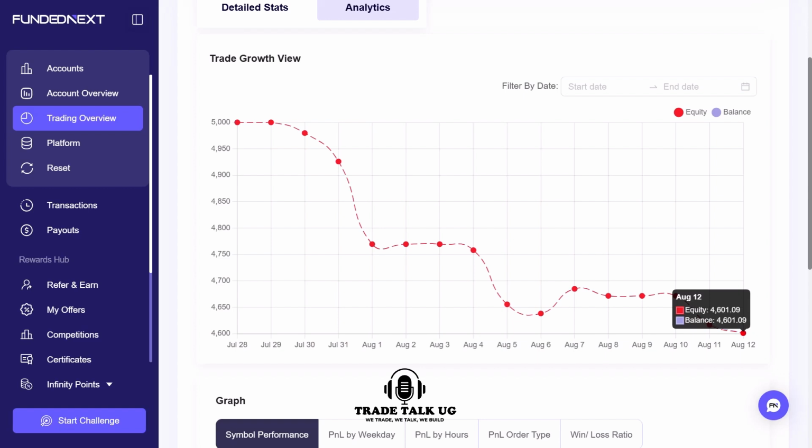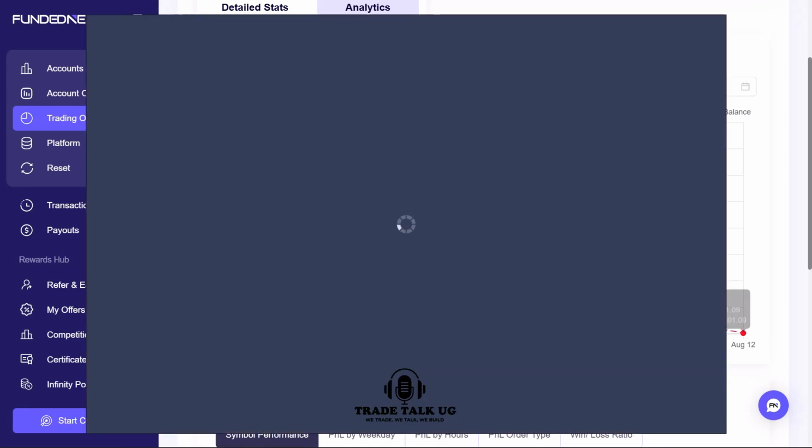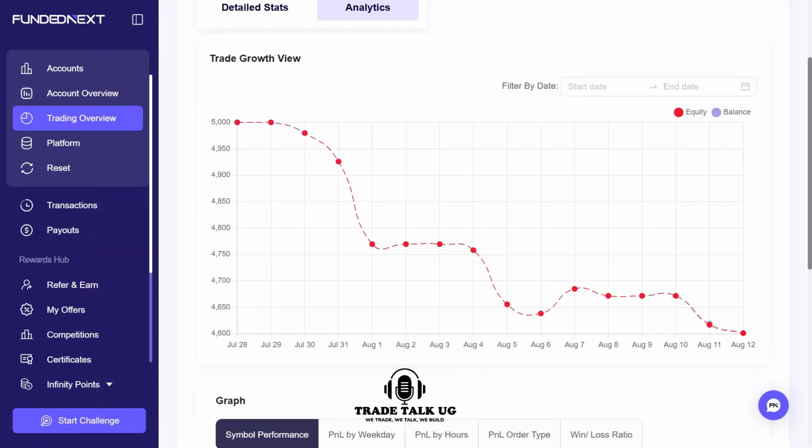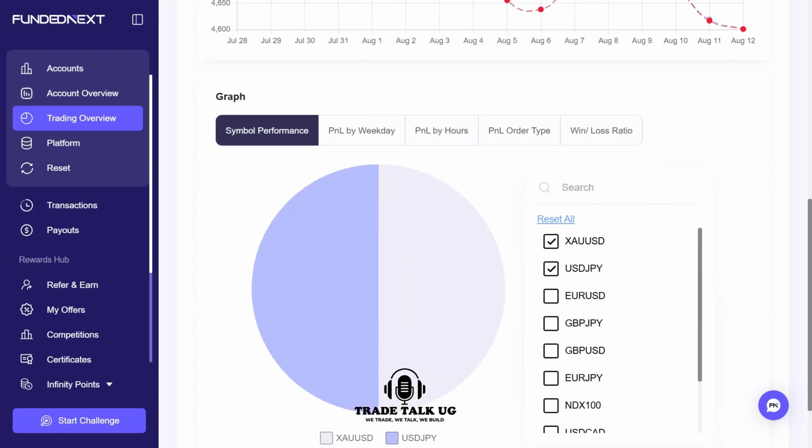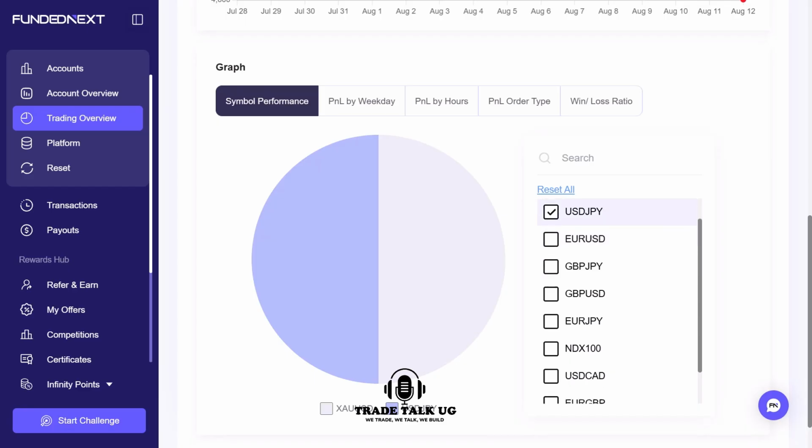So I had traded this account for 10 days. You can see 10 days are very few, because most of the guys can trade a funded account at least for a month, and some can pass it within 1 day. So you can easily see that people are different according to their risk management and the way they handle their risks.